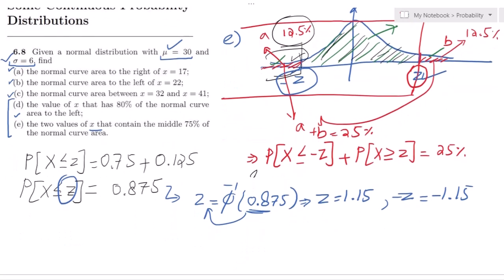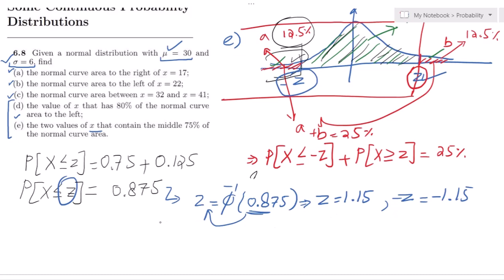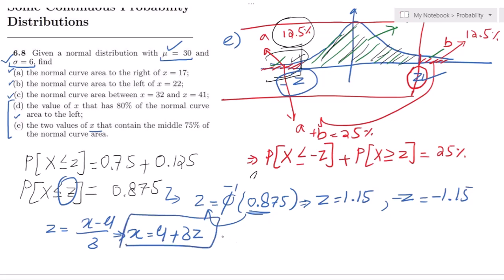In order to find the value of x from them, we have the formula, z equals x minus mu divided by sigma. Now in order to find the value of x from it, it was mu plus sigma z. This is what we found in our previous question.